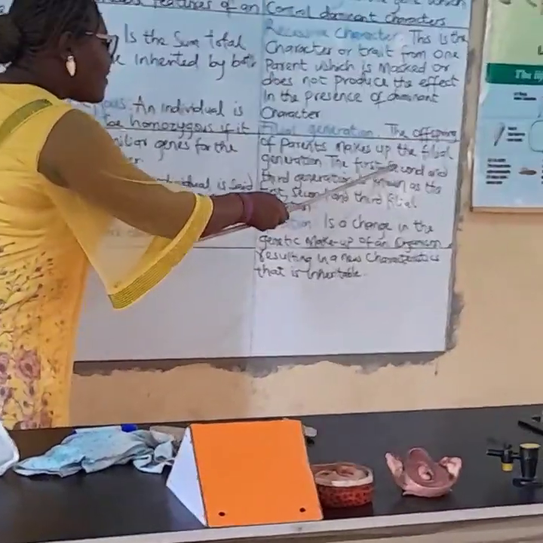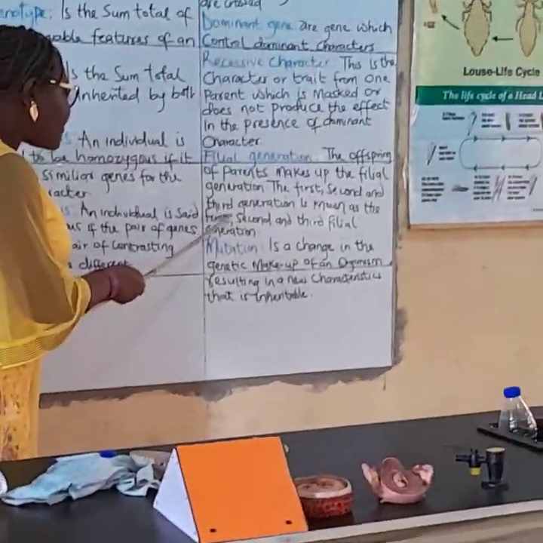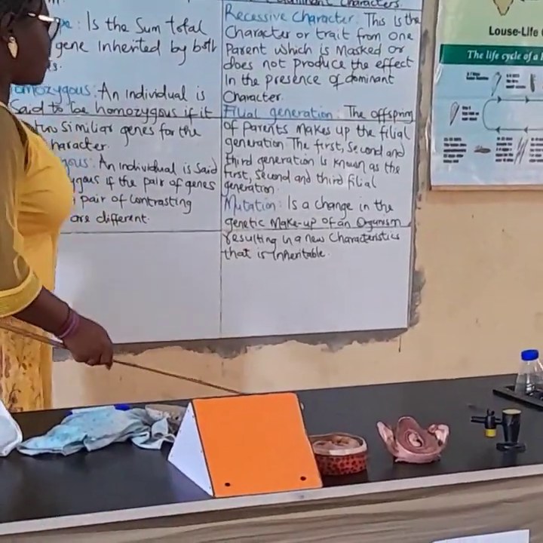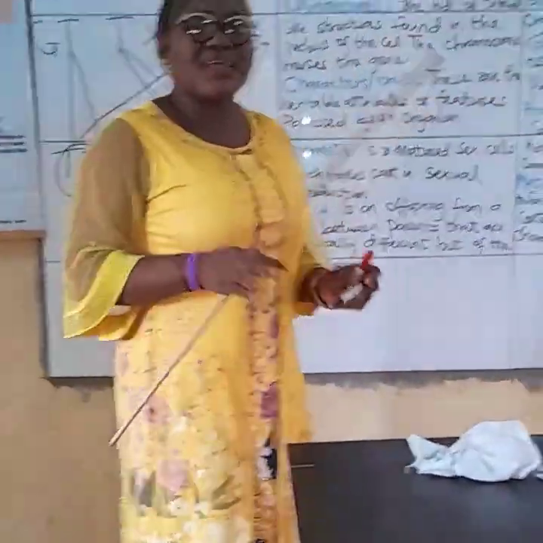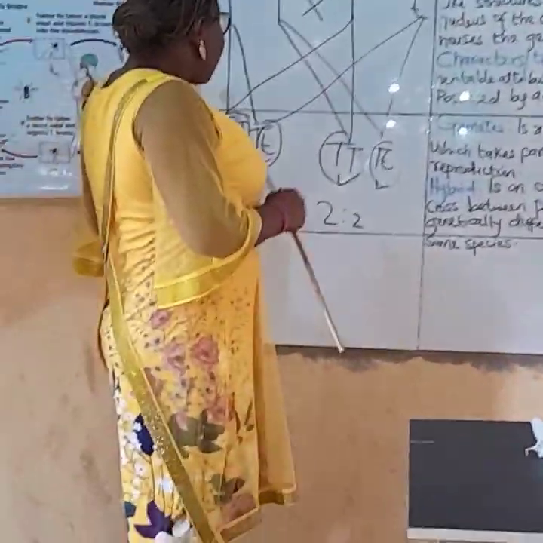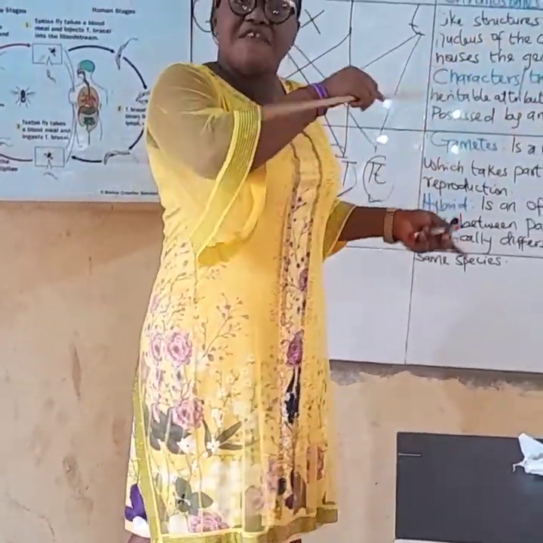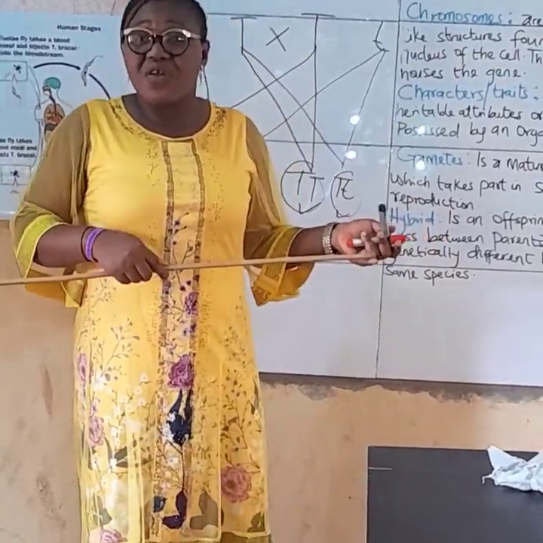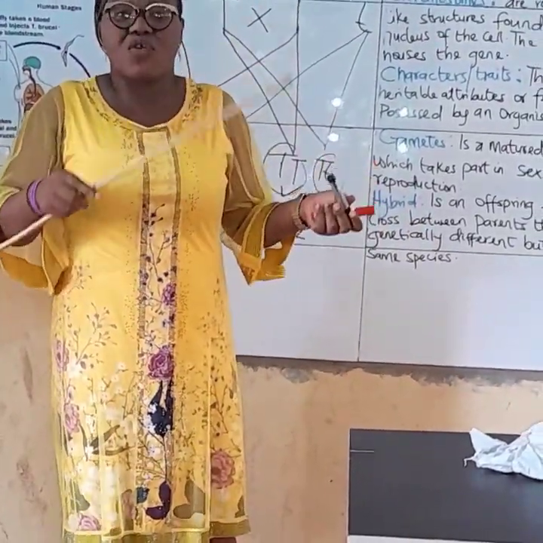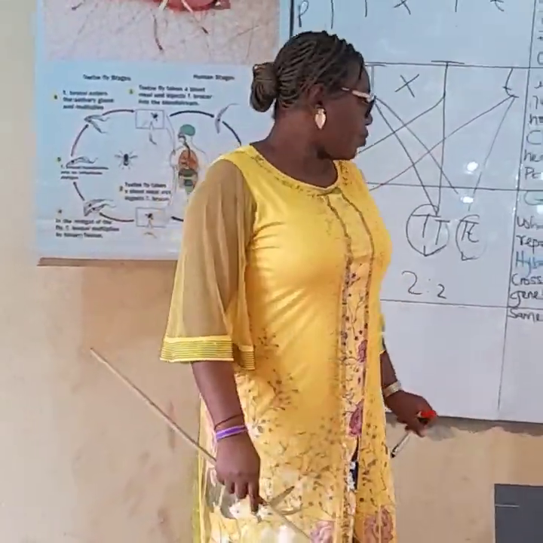The first, second, and third generations are known as the first, second, and third filial generation. So the simpler explanation is that after the crossing, we have the first filial generation, we have the second, we have the third, depending on how you are doing your crossing.